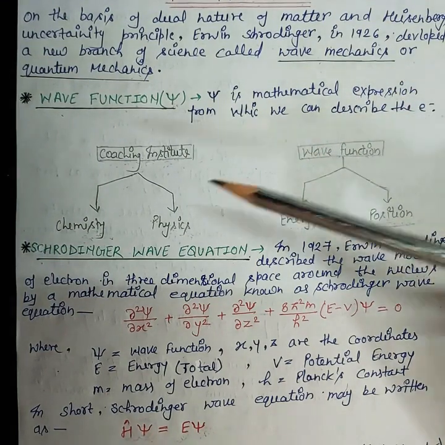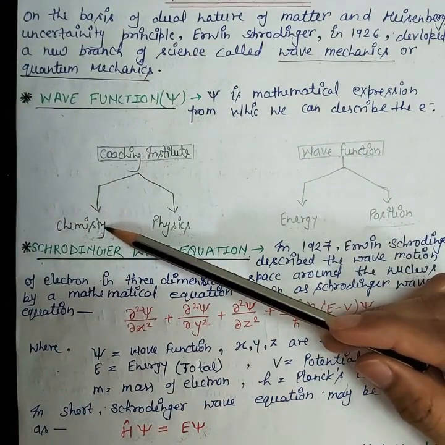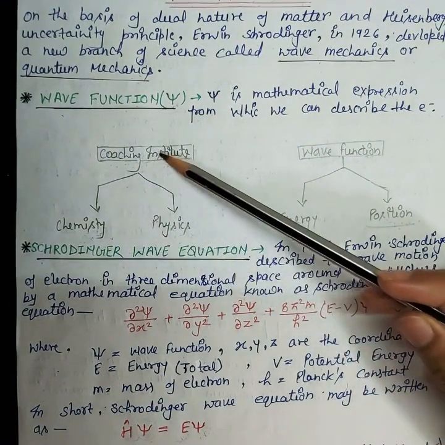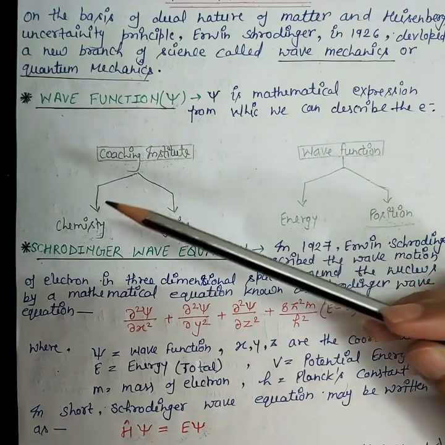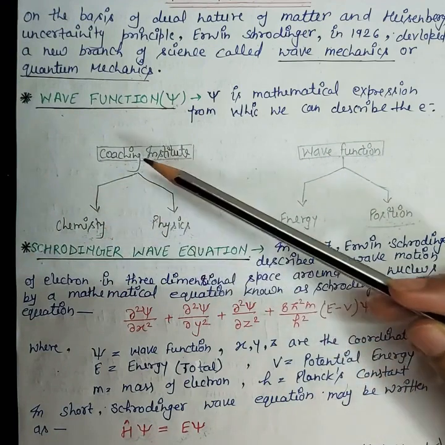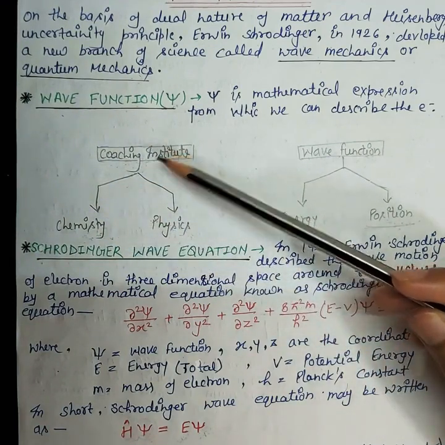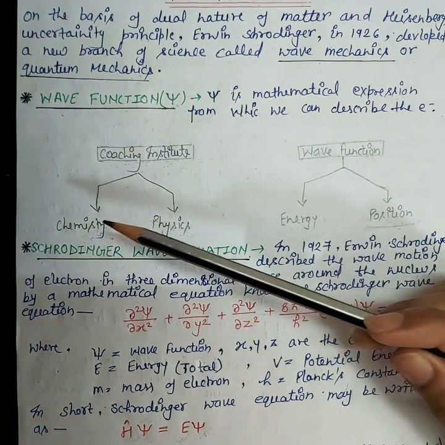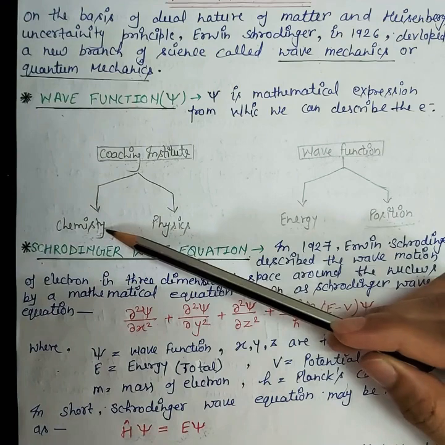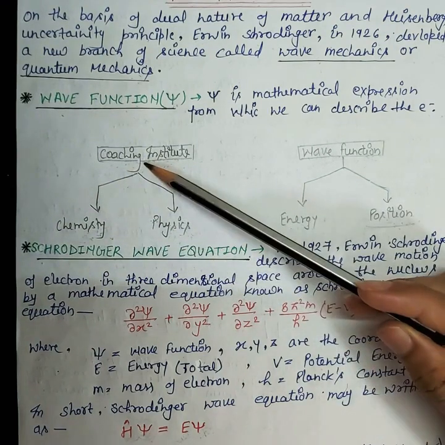Now, come back to the example. Suppose you have some queries in chemistry, and someone suggests that this is a good coaching institute, you can join it. Only by knowing about the coaching institute, will you be able to clear your doubts? Obviously no. To clear your doubts, you have to interact with the coaching faculty, your chemistry teacher.